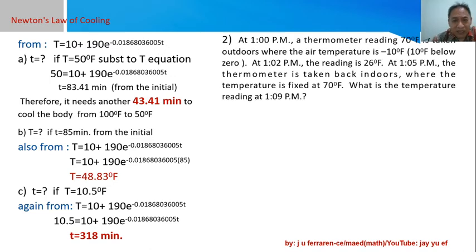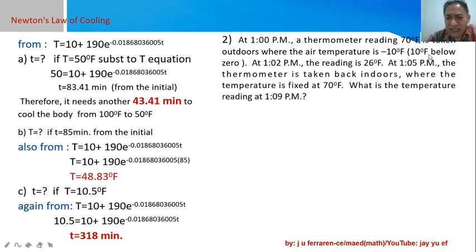Now another problem. Okay, actually, this is the same as the first. So, it mentions time. So, at 1 p.m., there is a thermometer reading 70 degrees Fahrenheit, which is taken outdoors where the surrounding temperature is minus 10 degrees Fahrenheit. Okay?